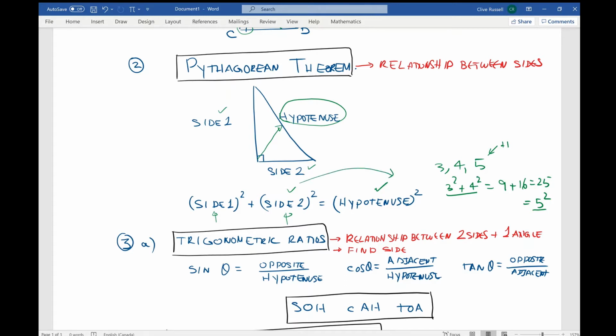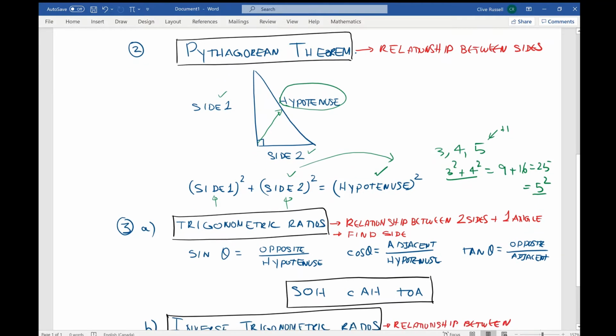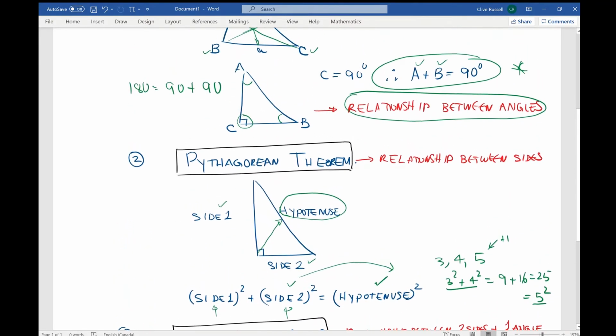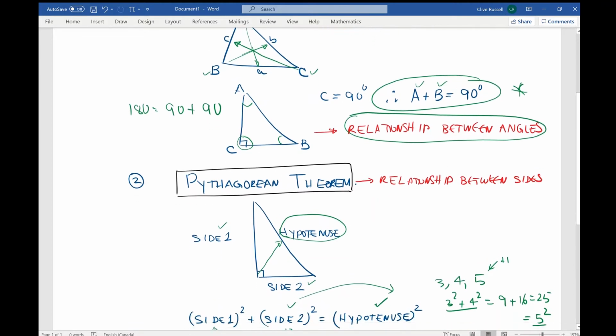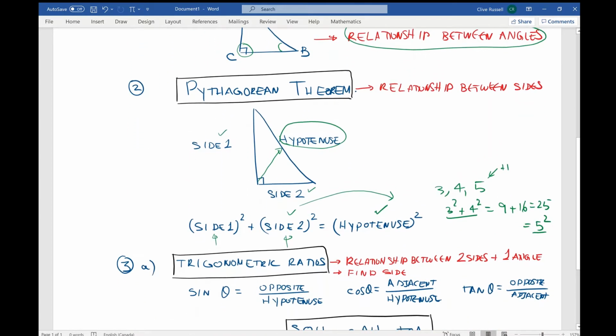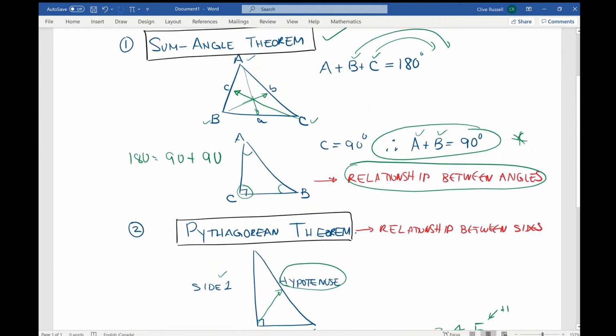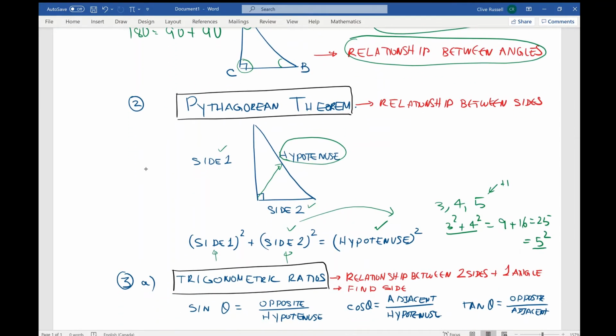So that's formula manipulation for you. So now we have looked at the sum angle theorem, a relationship between all three angles. The Pythagorean theorem is a relationship between the three sides.